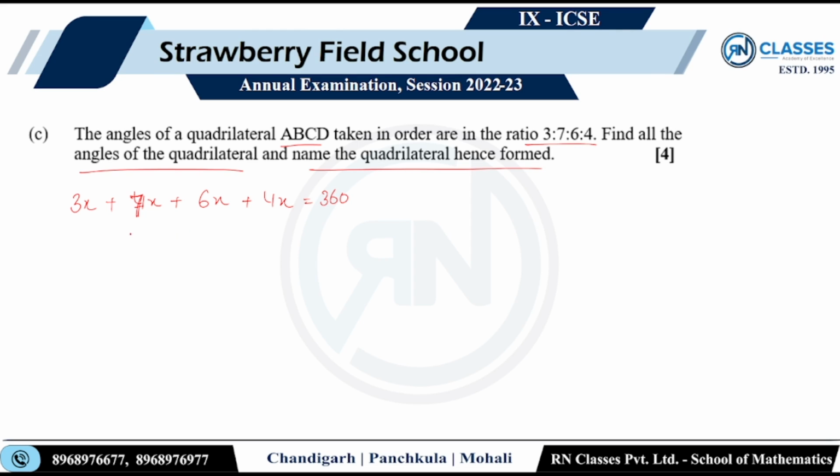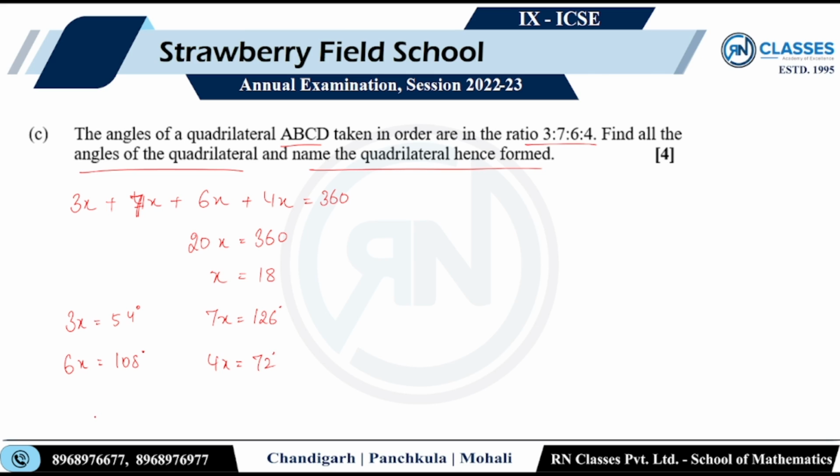So, सबको add किया, this would become 20x, which is nothing but 360, x is 18. So, my angles are 3x becomes 54, 7x becomes 126, 6x will become 108, and 4x will become 72.